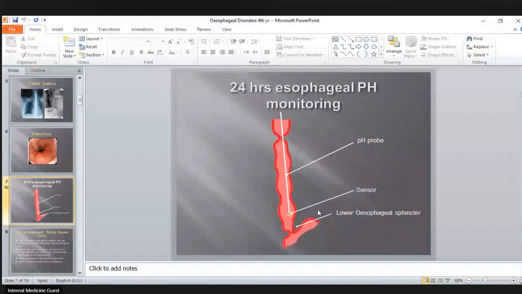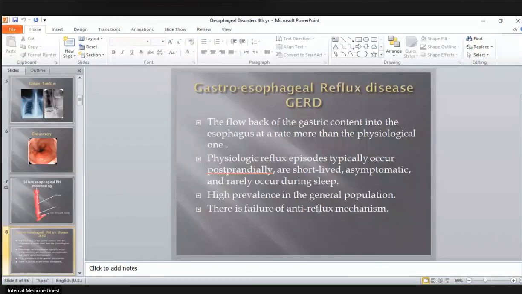So gastroesophageal reflux disease is probably one of the most common disorders worldwide. As simple as this: some of the gastric contents flow backwards into the esophagus at a rate more than the physiological one. Now remember, the gastric pH is low, probably 1, 2 or 3, so it's highly acidic.